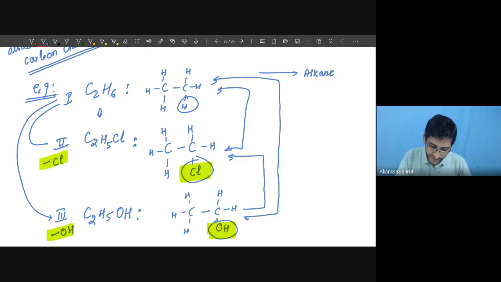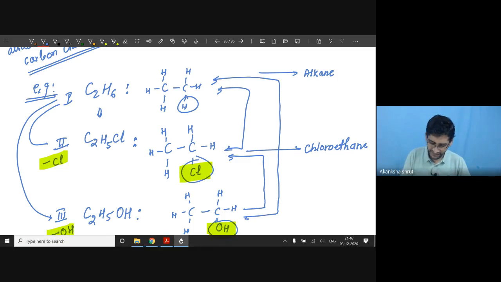The second one is called chloroalkane, or this is called chloroethane. This is the chemical name.